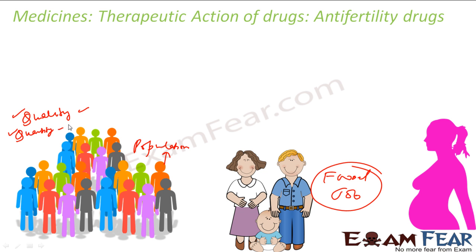I mean to say that have only one or two kids and have a better life instead of having 10 or 20 kids. To do this, the concept of family planning has come. The expectation is that you have only one kid or at the max two kids. To have this family planning in place, some birth control pills have come in the market.